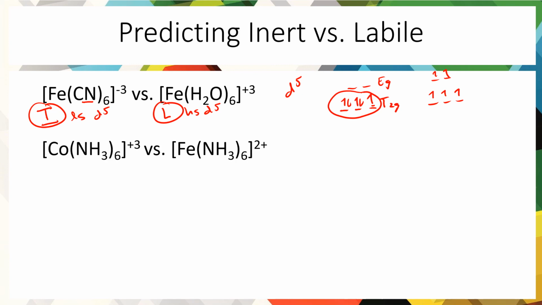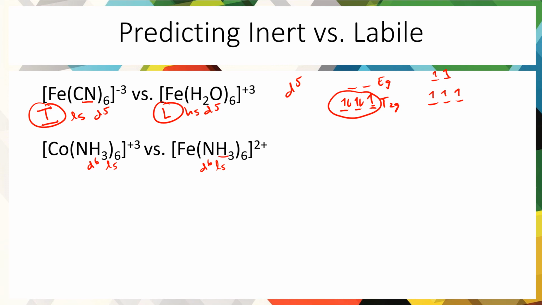Let's look at these two complexes now. This is cobalt 3 versus iron 2. We have a d6 low spin complex here, and the iron amine complex is also going to be a low spin d6. So same configuration, both low spin. Let's think about how we can differentiate these.